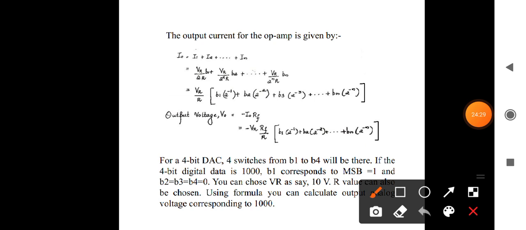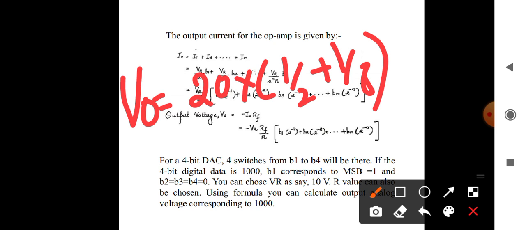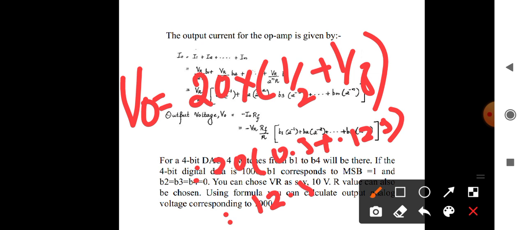That is 20 into 0.5 plus 0.125, 1 by 8 is 0.125. So we'll be getting 12.5 volt. So V output will be equal to 12.5 volt for your digital input 1010.